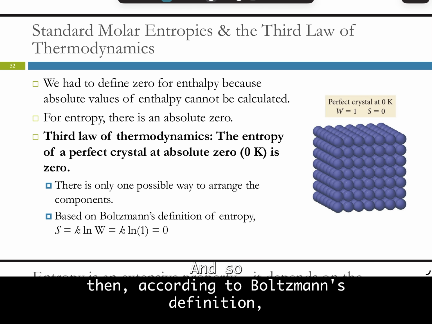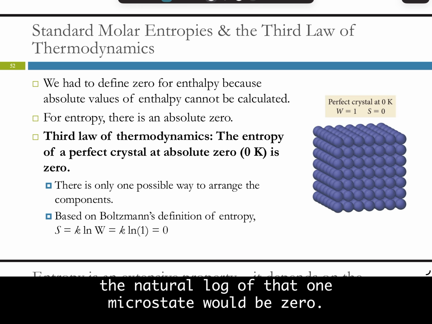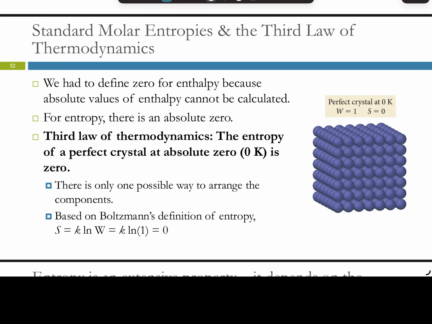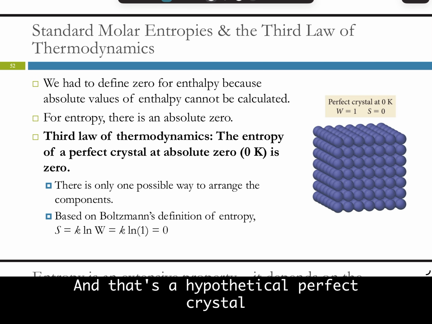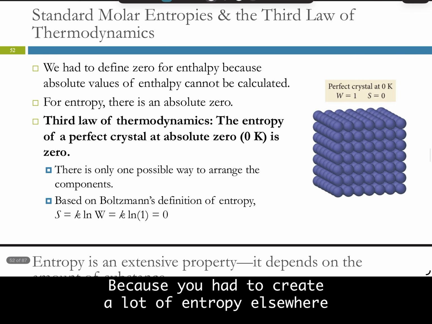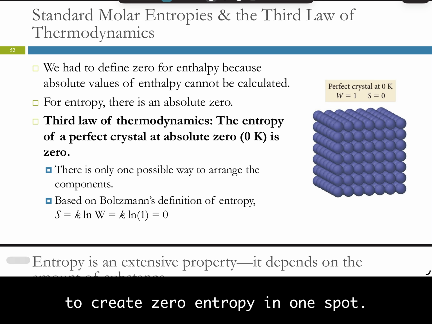And so then according to Boltzmann's definition, the natural log of that one microstate would be 0. And so the entropy of that system would be 0. And that's a hypothetical perfect crystal because nobody's ever done it yet. Because you got to create a lot of entropy elsewhere to create 0 entropy in one spot.